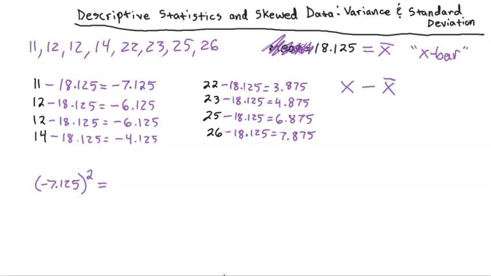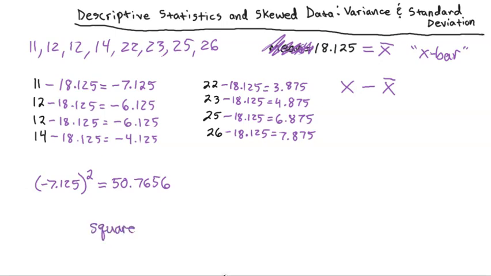Negative 7.125 squared is approximately 50.7656. I've rounded this. And this is called the squared deviation from the mean.